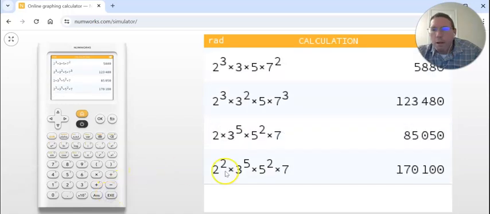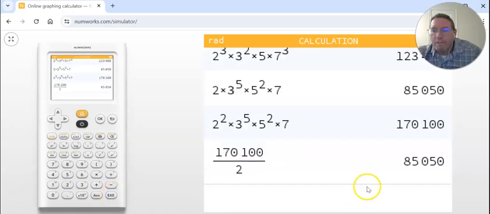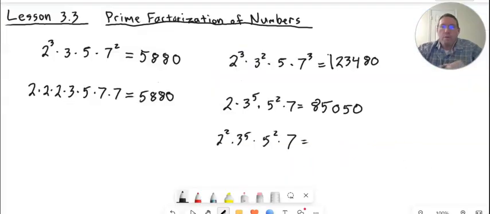We'll hit execute, and sure enough, if I take my answer and divide it by 2, I'll bet I get 85,050. Sure enough. But this other one we're doing now is 170,100.